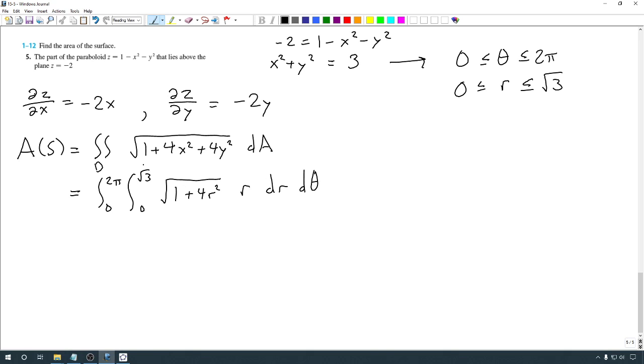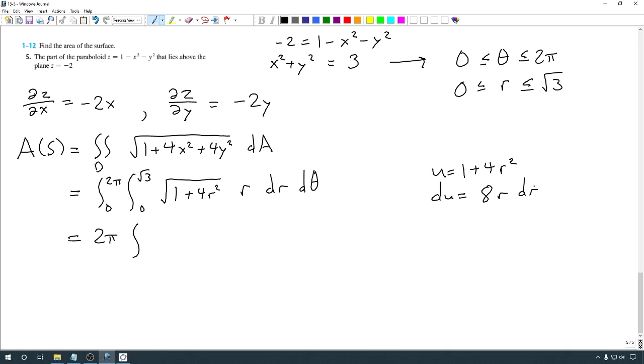Now since we just have numbers for our limits, and there's no thetas in the integrand, we can immediately take care of the d theta part. That just turns into 2 pi outside. All the stuff with the r, we can go ahead and use a substitution there. We have u equals 1 plus 4r squared. That means that du is going to be 8r dr. That extra r actually comes in handy for us.